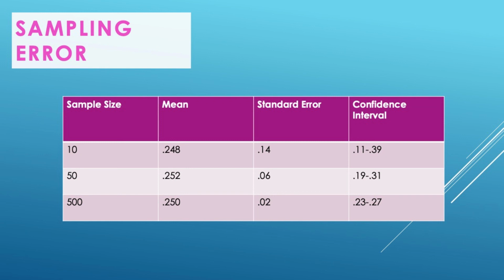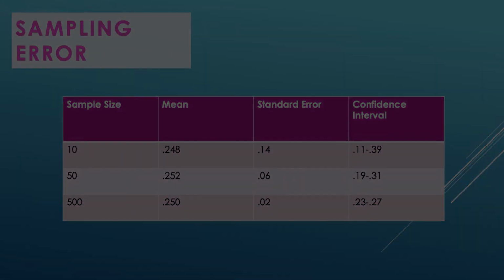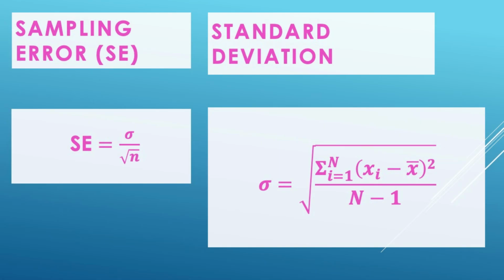So this is one of the reasons why it's so important for everyone to have at least 50 to 100 observations in their research papers. Otherwise, we don't really have enough variance to make justified, valid, reliable statistical inferences.